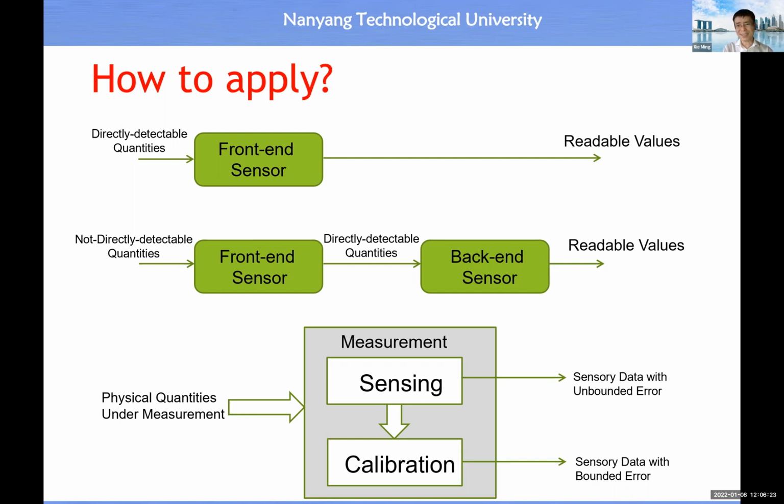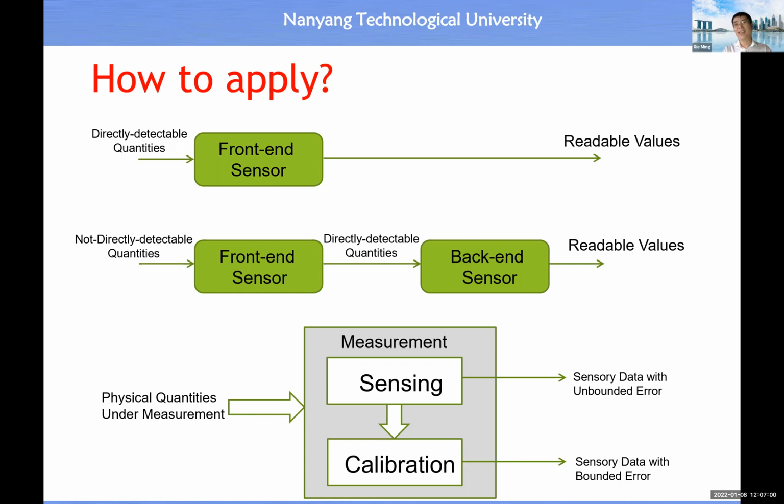The first situation corresponds to the case in which it is good enough for you to just use a front-end sensing element to convert the value of a physical quantity on the measurement into readable value. However, in most cases, you may have to apply the combination of a front-end sensing element together with a back-end sensing element in order to transform the value of a physical quantity on the measurement into readable value, right?